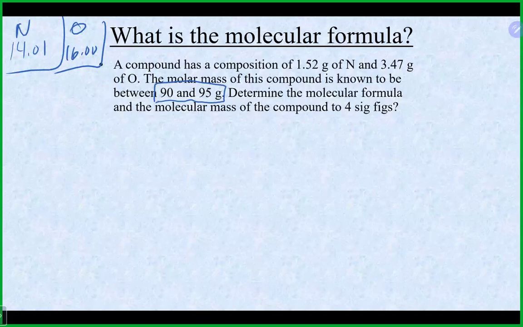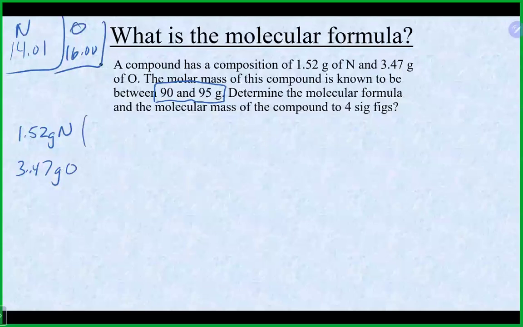So we need to calculate the empirical formula, using the same steps we did on the previous problems. In this case, we are in grams. We have 1.52 grams of nitrogen and 3.47 grams of oxygen. Like normal, we're going to convert these into moles using the molar mass from the periodic table.